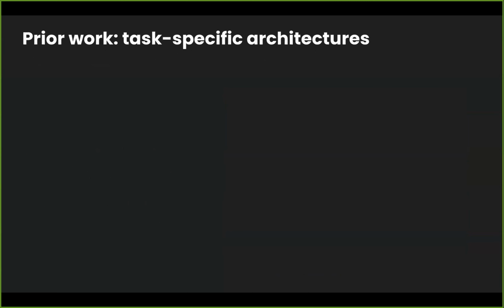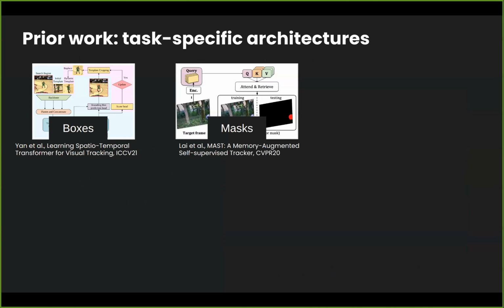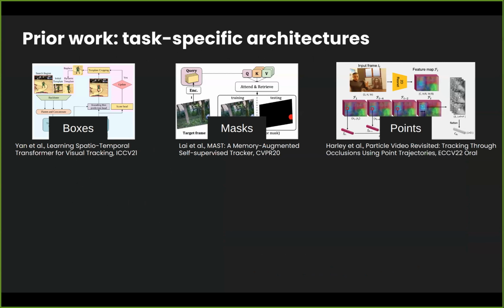And so instead of a general system like that, what we have is a series of these bespoke solutions for different types of inputs and outputs. We have something called STARK for boxes, we have mask trackers for masks, and then we have PIPs for points. And they all work great for their particular task until you get into a situation where basically they don't work so well anymore.